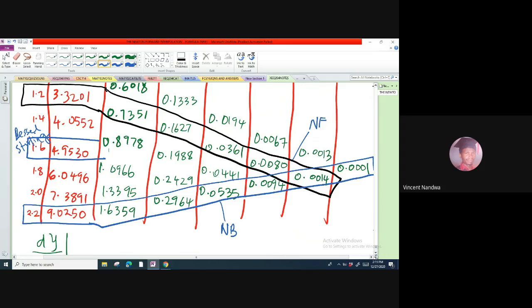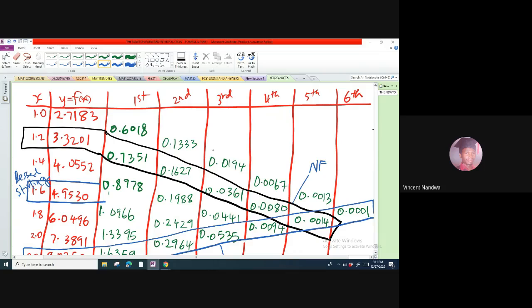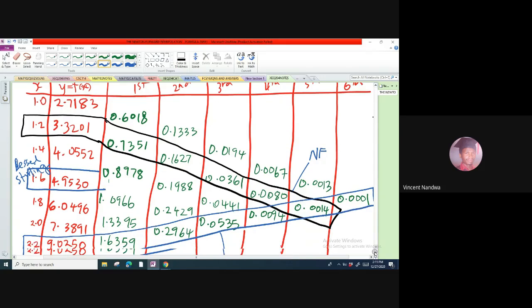So therefore, for the case of 1.2, we are reaching up to the fifth difference. So we need to write our formula up to the fifth difference.